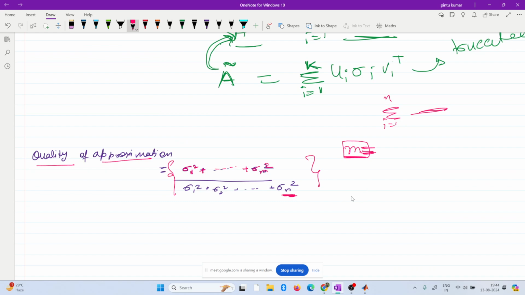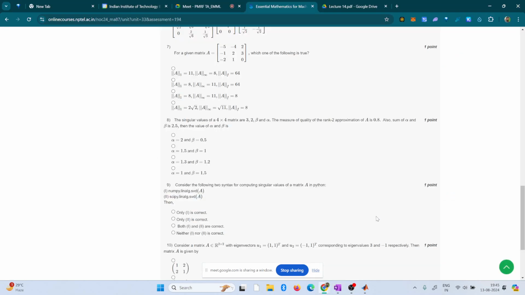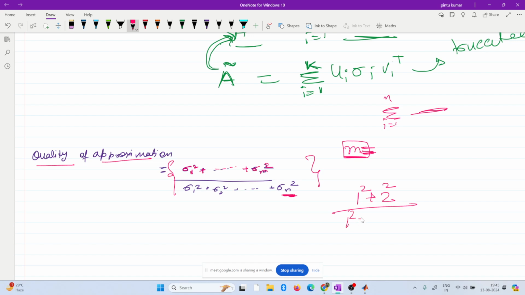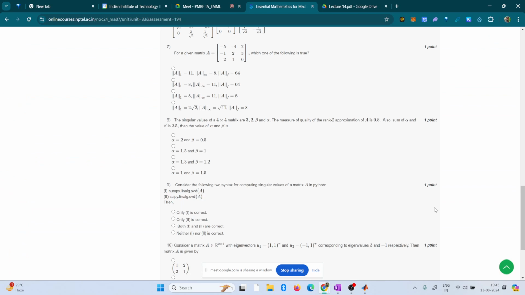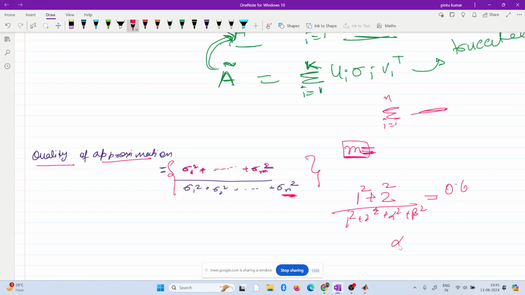So you have some values. Let's take 1 and 2. So 1 square plus 2 square, over 1 square plus 2 square plus alpha square plus beta square. This is the rank 2 approximation. So this is given to you. Let's say this is 0.6, and then you have some alpha plus beta given.